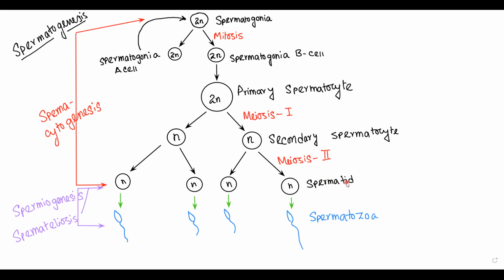But this spermatid, although it has the chromosome number n, that means haploid, is not the functional sperm. So it needs to undergo a physical modification process. Through that, it is converted into spermatozoa, which has a cap and a tail. The entire process of spermatid to spermatozoa formation is called spermiogenesis or spermateliosis. Clear? I think that one is clear. So please write down this.